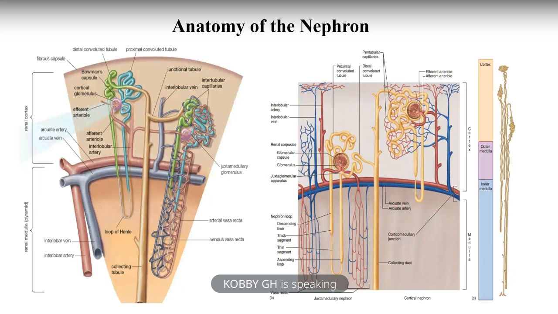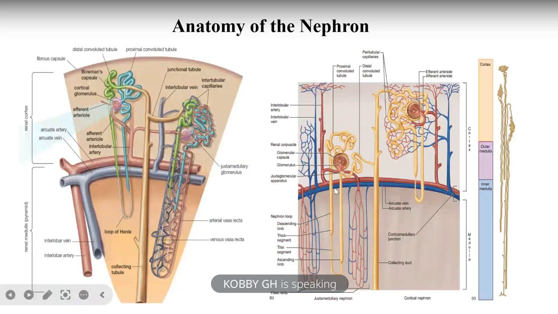Unlike the cortical nephrons, where the glomerulus is situated deep in the outer cortex, the juxtamedullary nephron's glomerulus is closer to the medulla.